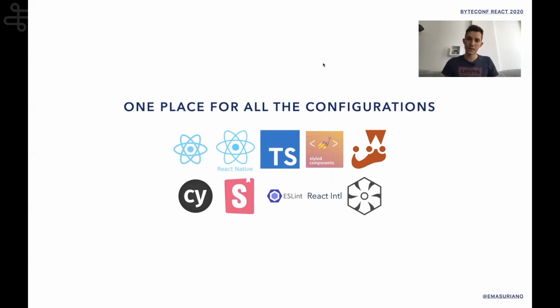So this is our current stack. I'm going to briefly introduce it. Most of our projects are cross-platform. We are using React for web and React Native for Android and iOS applications. Then we standardized projects to use TypeScript, so now most of our projects, the new ones, are statically typed.